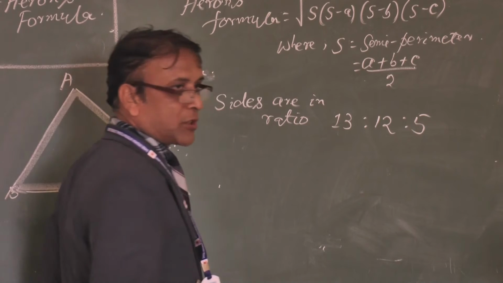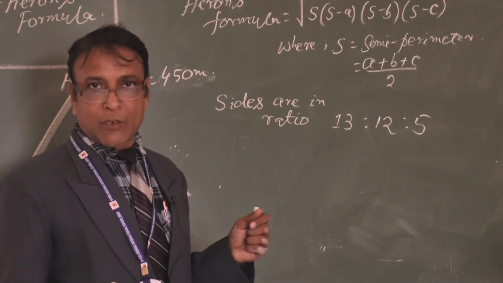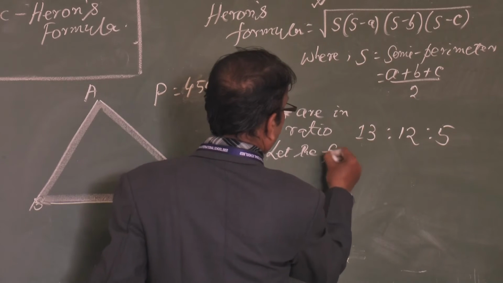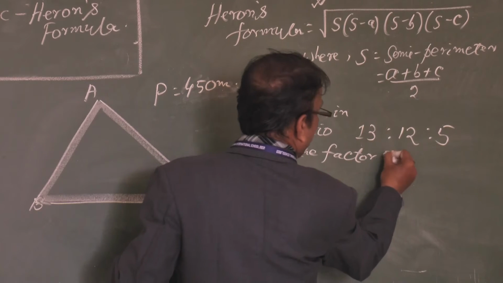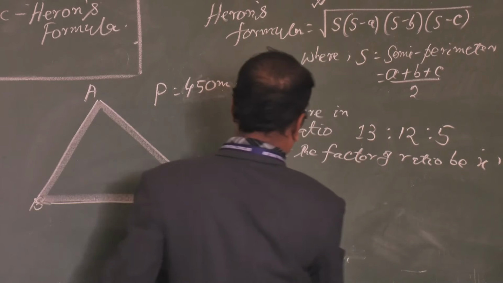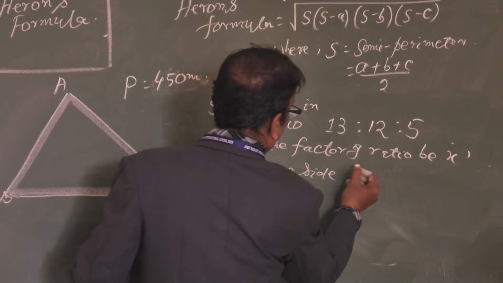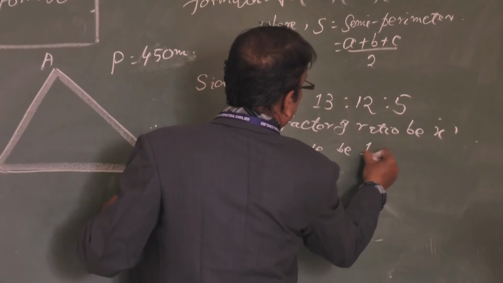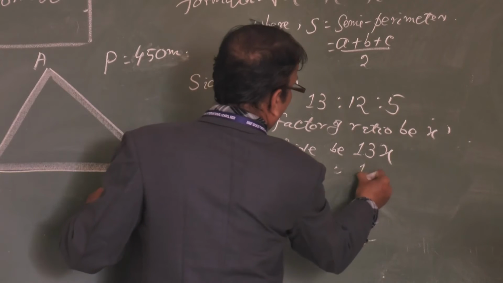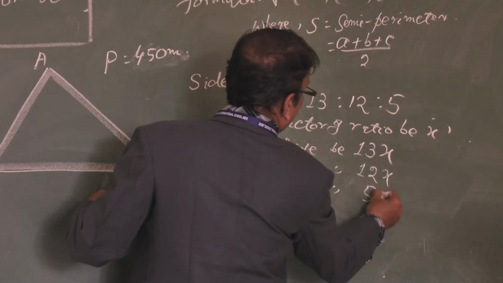Whenever a ratio is there, a factor must be multiplied to get the exact value. So here you can write, let the factor of ratio be x. Therefore, one side is 13x, second side is 12x, and third side is 5x.